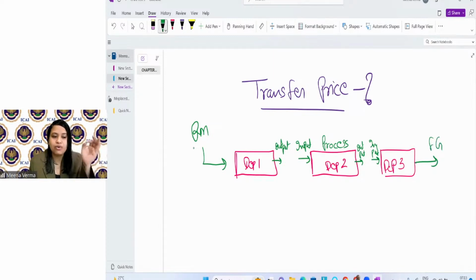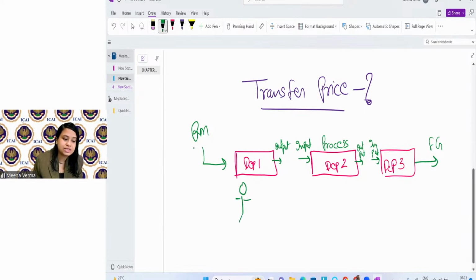So this is how a good will pass through these departments: department 1, department 2, department 3. Now the question comes, when you are transferring the goods from one department to another, various managers are sitting here.